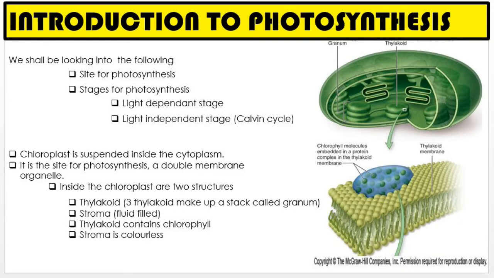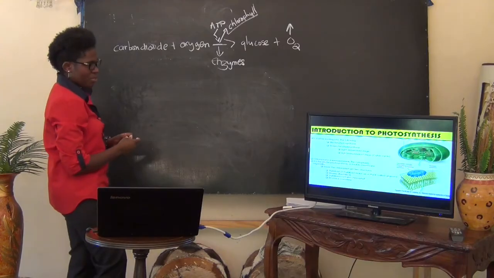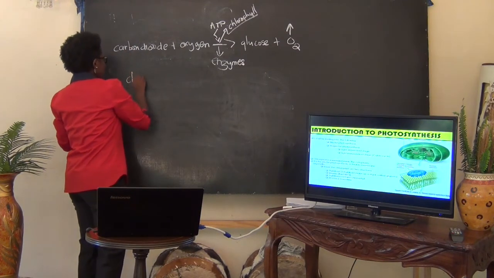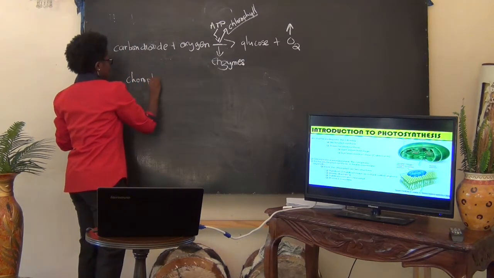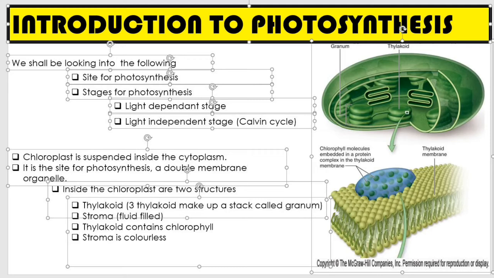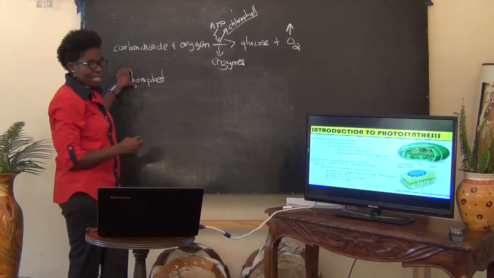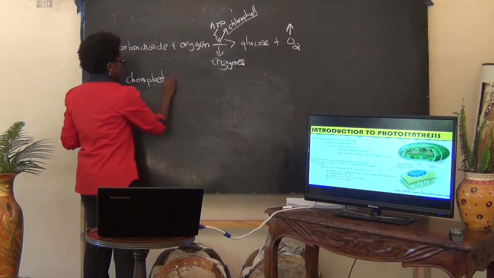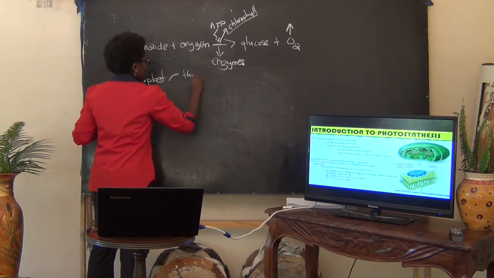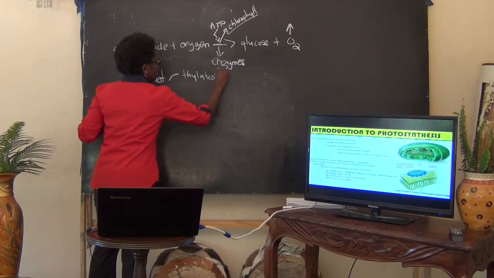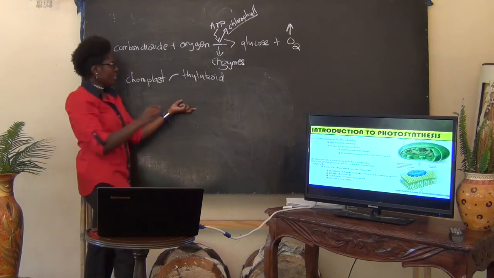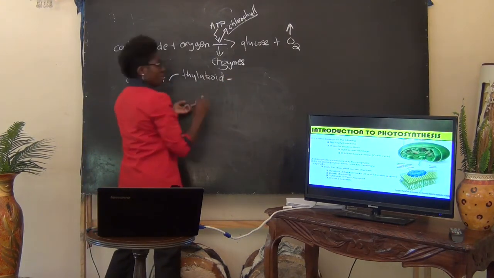So now what we want to do is zoom into the site of photosynthesis, where our photosynthesis happens. So in other words, you're looking into your chloroplast. What exactly is your chloroplast? You realize that chloroplast is an organelle which contains some other structures within it, such as your thylakoid, and these are arranged in stacks of groups of three thylakoids.